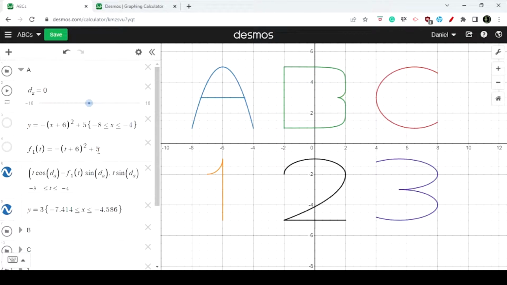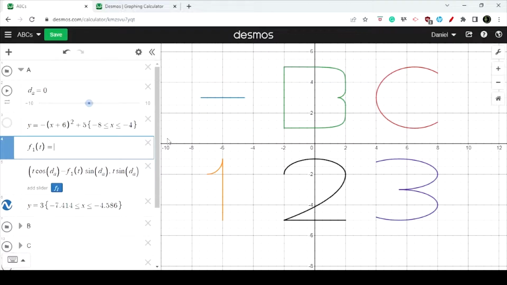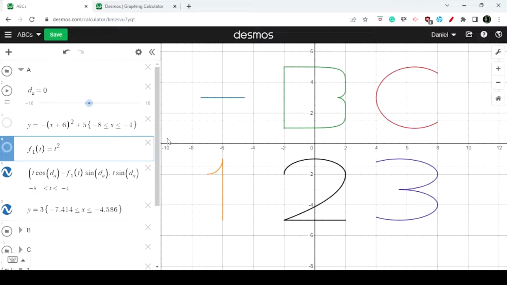to take advantage of a parent function. What am I talking about? So this function came from somewhere, right? Underneath this entire shebang is really none but a t squared, and I'm going to do something here.